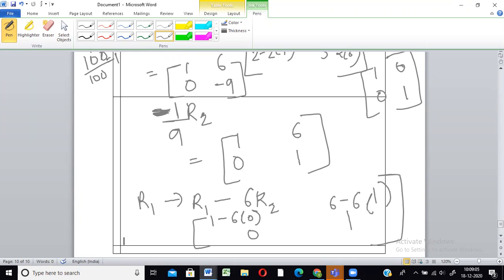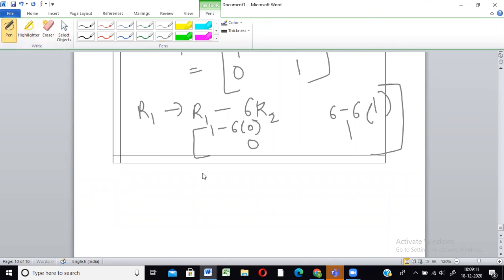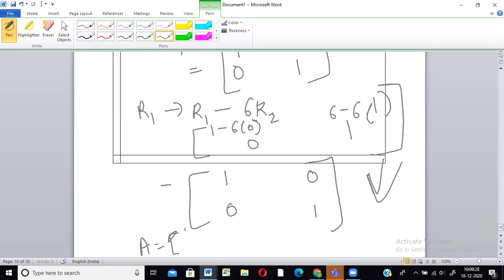So here we get the final answer as 1 minus 6 into 0 is 1, the 0 as it is, 6 minus 6 into 1 is 6, 6 minus 6 is 0, 1 left. So this is the identity matrix that we wanted. So initially we had A, what was the question? 2 1 3 6 था, हमने इसको convert कर दिया है identity matrix.